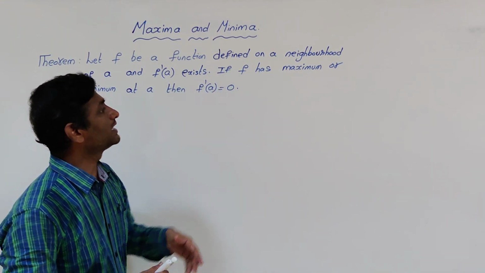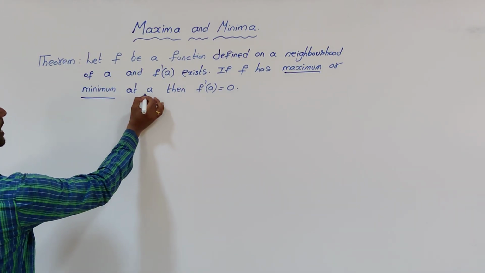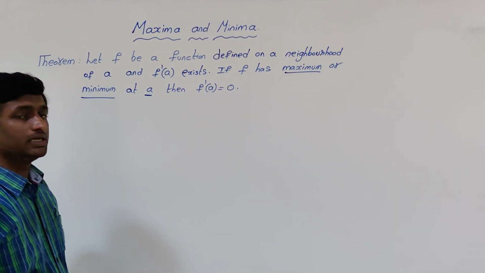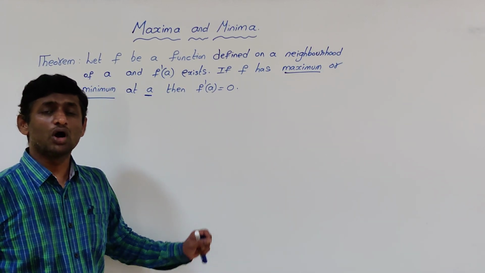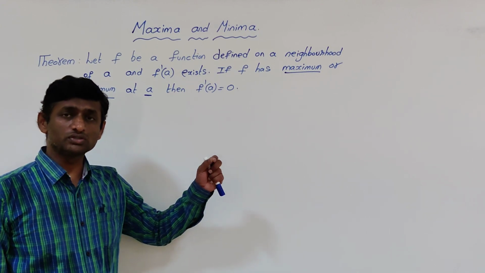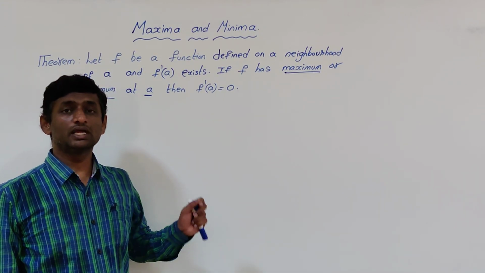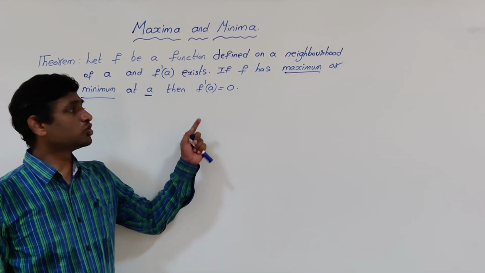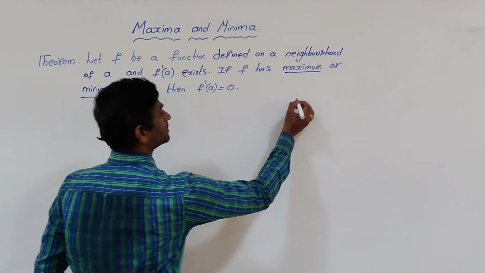If f has a maximum or minimum at this point, then the derivative of that function will be 0. So how will it be 0? Suppose a function attains a maximum, or we can say minimum, then at that particular point the slope at that point will be 0. So we will have the statement.